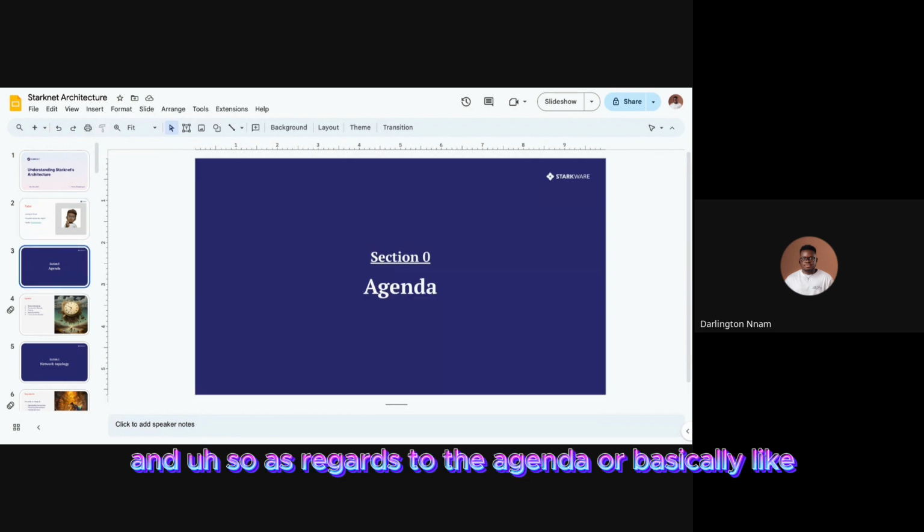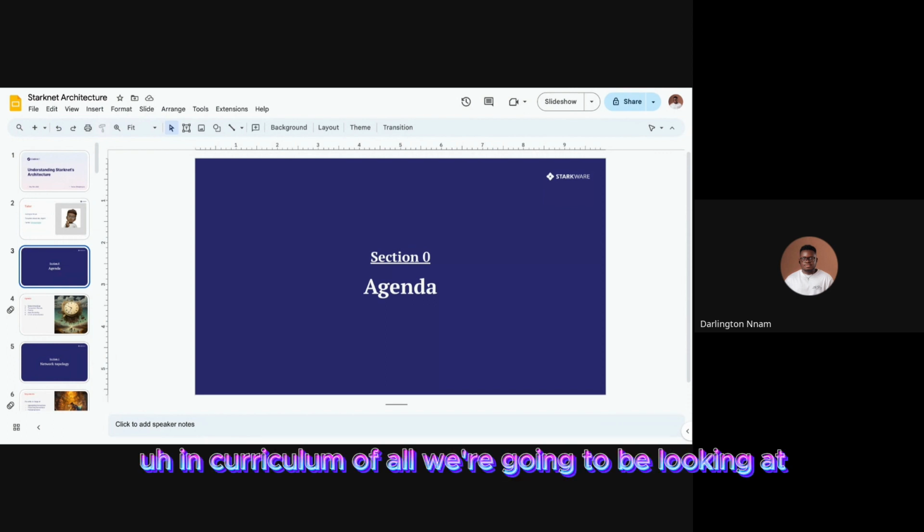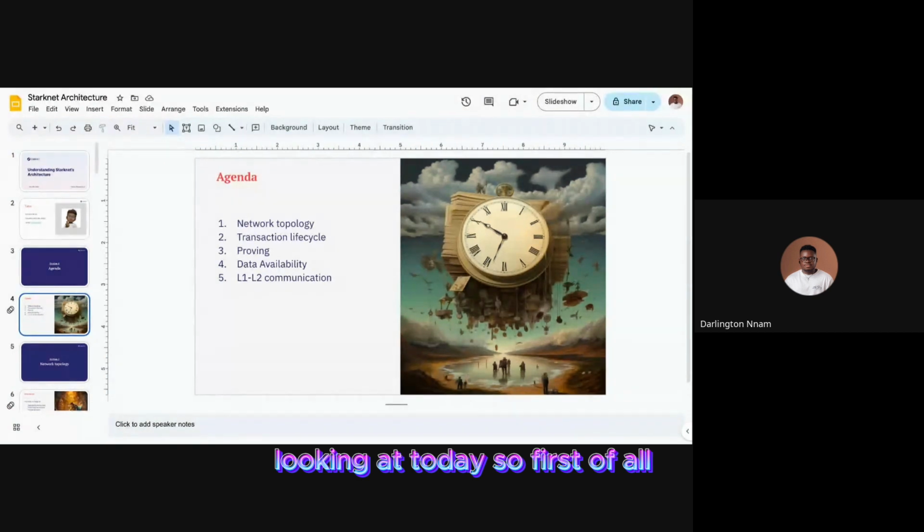As regards the agenda, or basically the curriculum of what we're going to be looking at today: first of all, we're going to be looking at the network topology on Starknet.